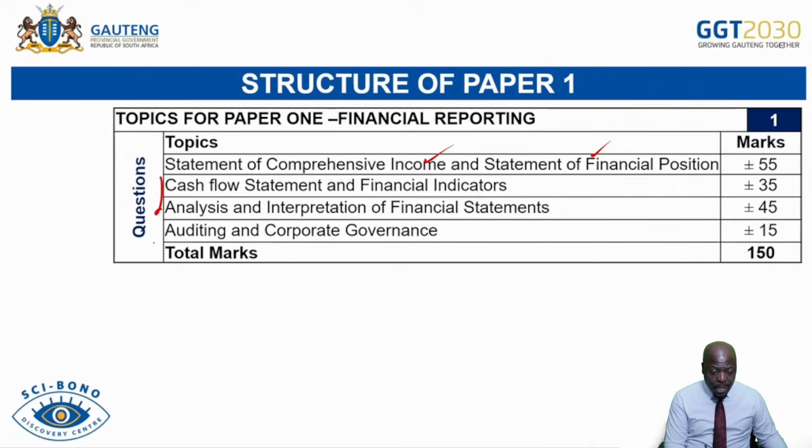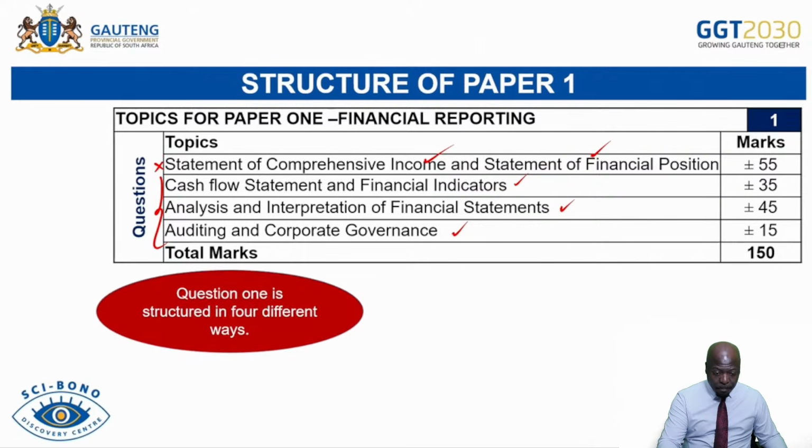The 3 at the bottom normally become constant: your cash flow statement and the financial indicators, your analysis and interpretation of financial statements, and your auditing and corporate governance. Normally they remain the same. So the variable is our question 1, which can be the statement of comprehensive income and statement of financial position, as in this case.